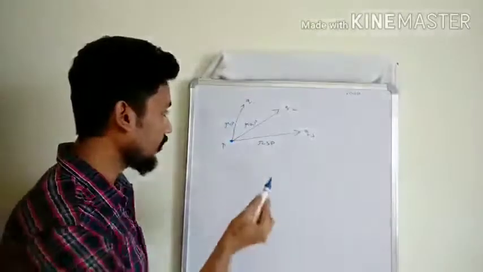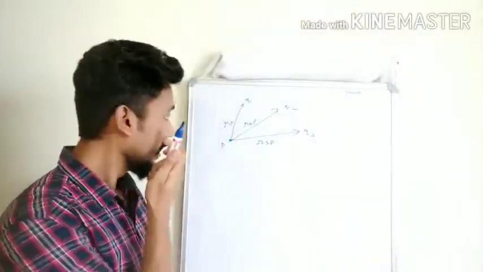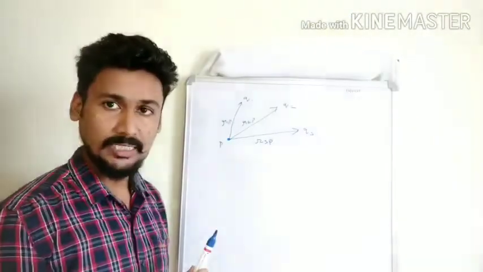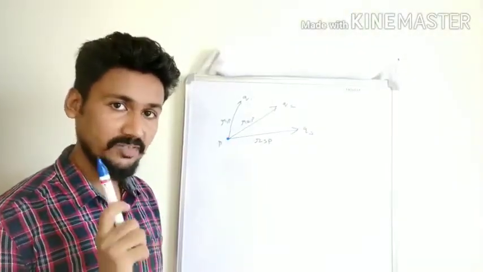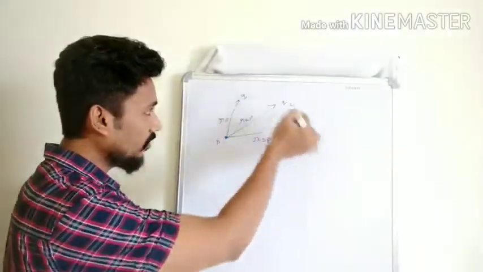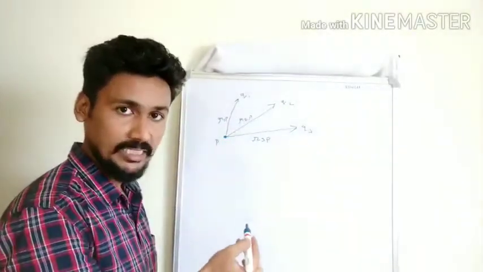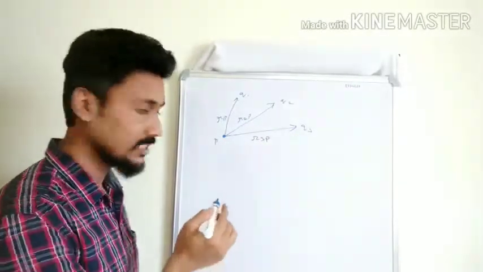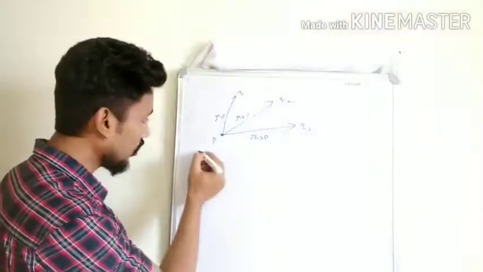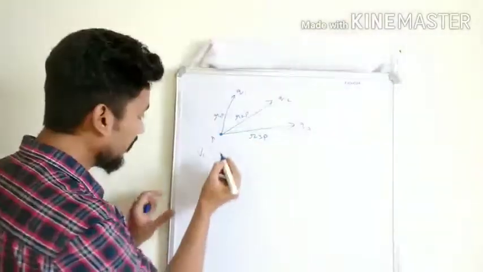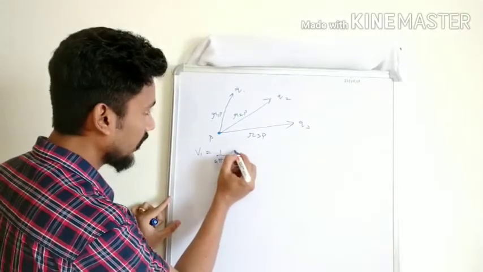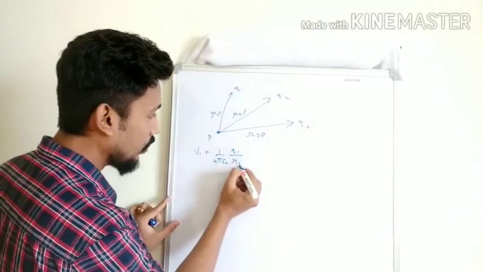Now to find out electrostatic potential at point P, we are going to first consider the potentials due to the individual charges. The principle of superposition says that electrostatic potential at P will be the sum of potentials due to all the 3 charges, or n number of charges. Because of charge Q1, the potential at P, let us call that V1. V1 is going to be 1 by 4 pi epsilon naught Q1 by R1P.